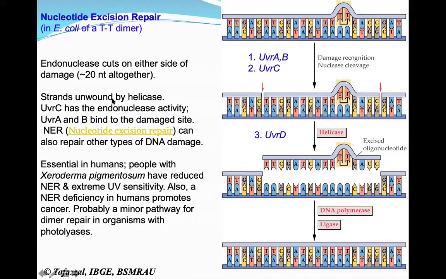And here, UvrC and UvrA recognize the damage, and UvrD participates with the helicase to completely excise the oligonucleotides. So this is another important pathway of DNA repair at the nucleotide level. I think like the previous one, it is also very easy. You only need to know the major steps involved here.